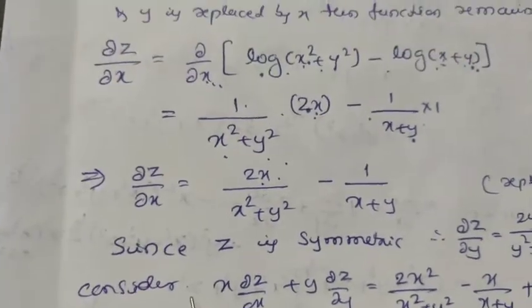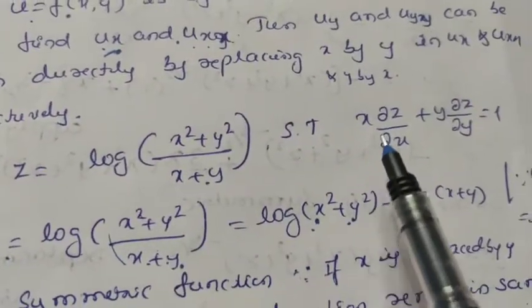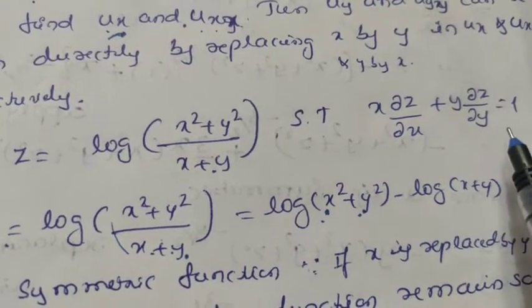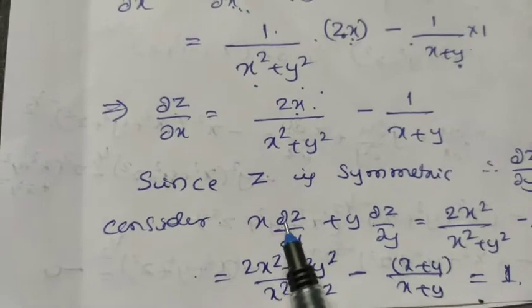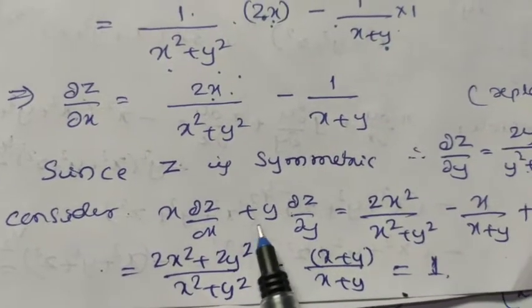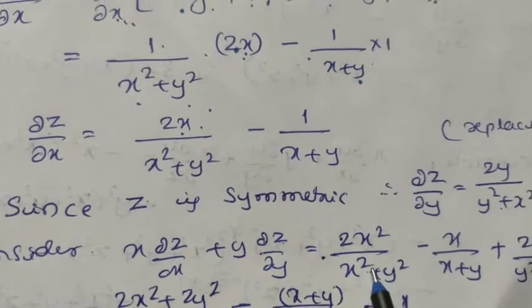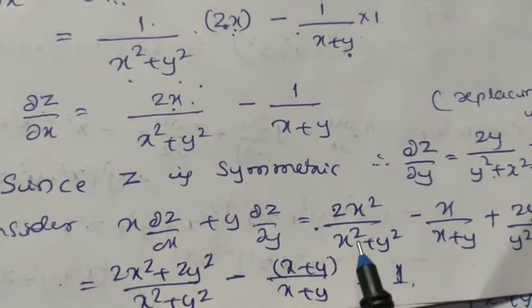Now the given question is to find x dou z by dou x plus y dou z by dou y, which is equal to 1; you have to prove this. So let us consider the LHS, that is x dou z by dou x plus y dou z by dou y. Now substitute the values from these two equations.